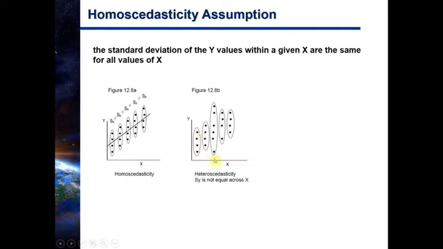But look what happens when we get to x equals 3. All of a sudden we have an explosion here, and the scatter is much greater. Over here, it's still a little bit larger than it was here and here, but it's about the same. And this level or amount of dispersion is about the same as these two.